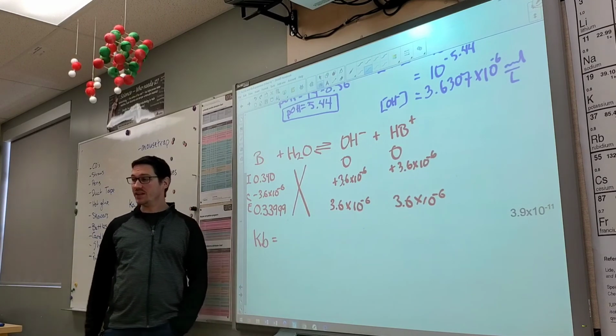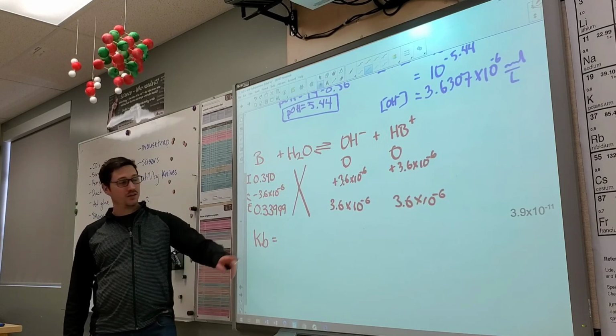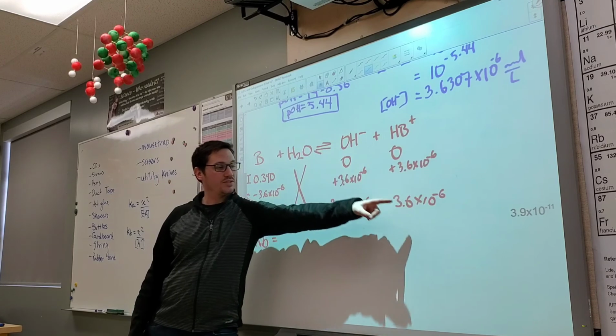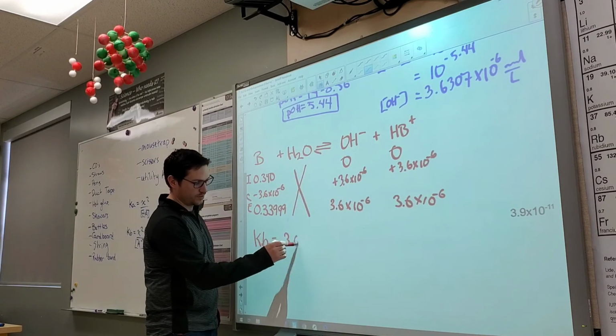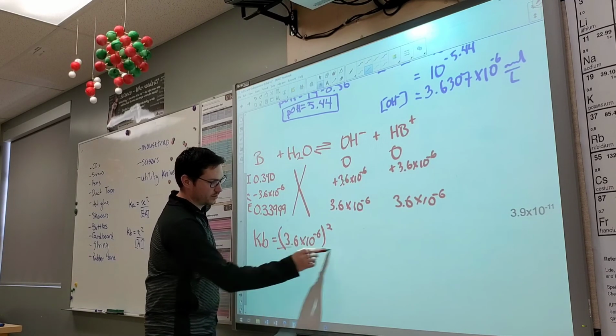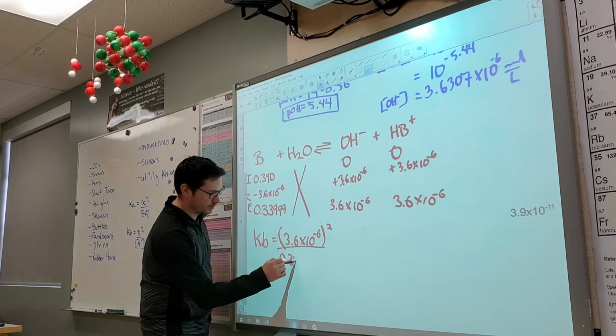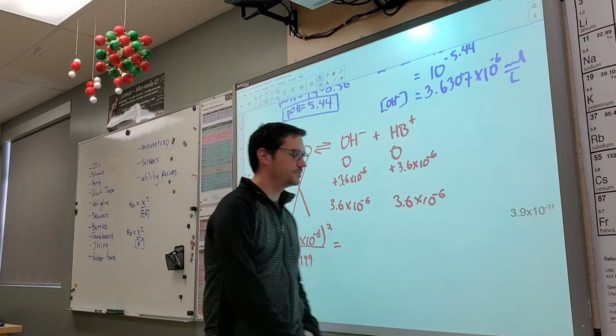The KB of this should be really easy, right? This times this divided by that. 3.6 times 10 to the negative 6 squared divided by 0.33999.